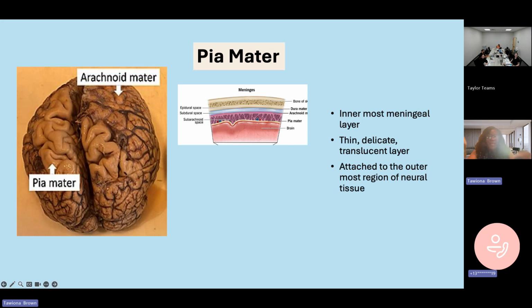If you ever have the opportunity to participate in a brain dissection, you can take your little tweezers and get it out of the sulci really easily, and you're able to pick away some of that pia mater. It's really interesting to see that you can pick it away, but it's very, very thin and just as translucent as it's described in your textbooks.